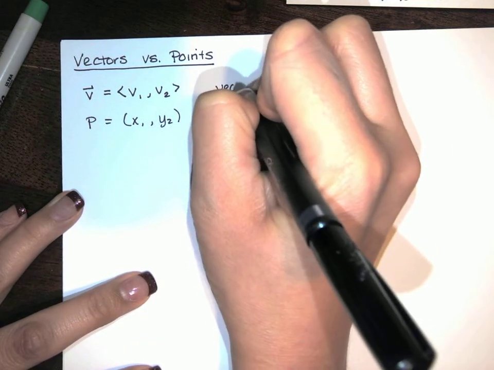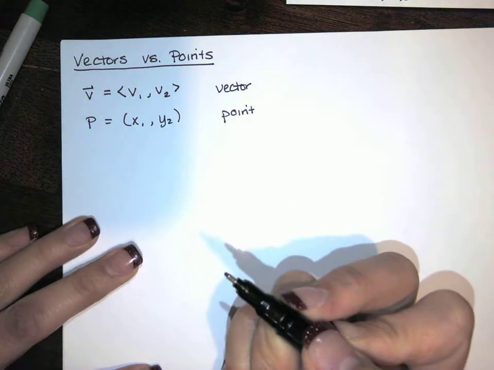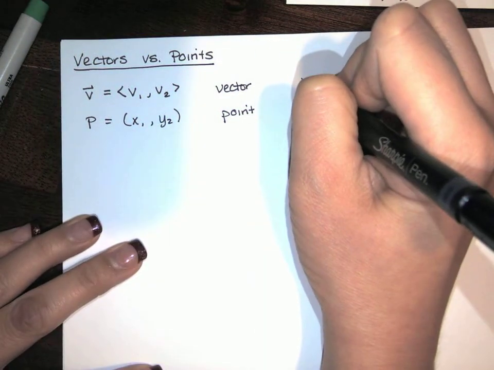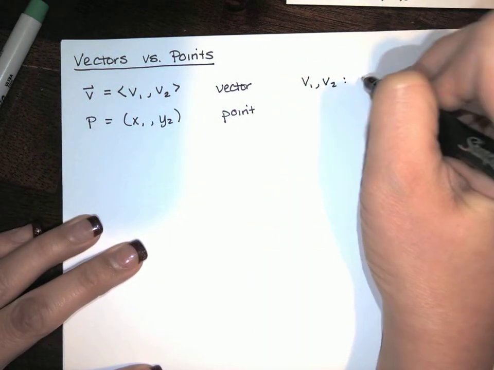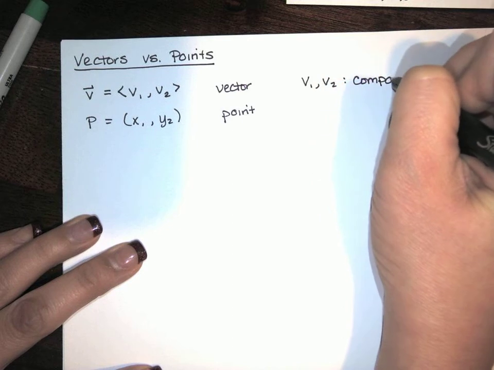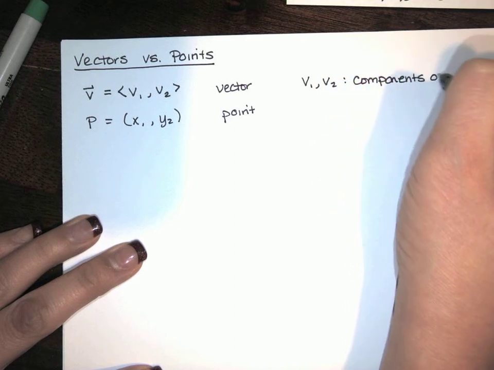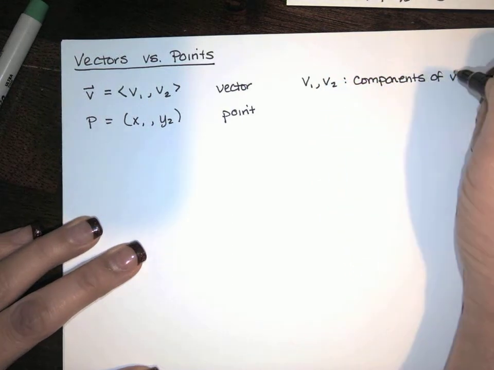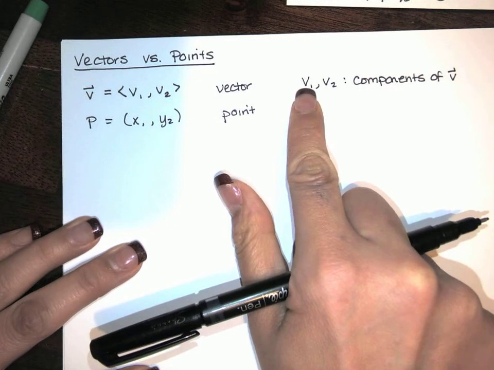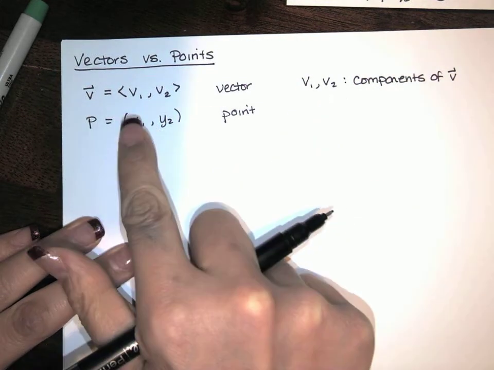This represents a vector. V1 and V2 are called the components of V. This is the x component and the y component.